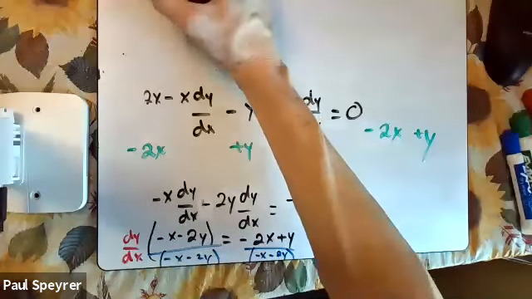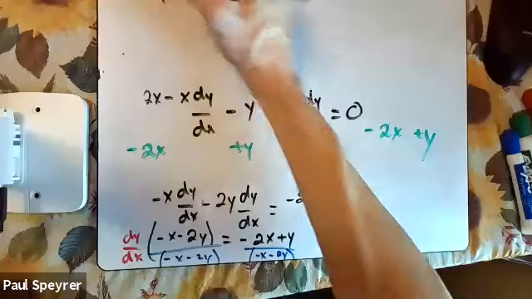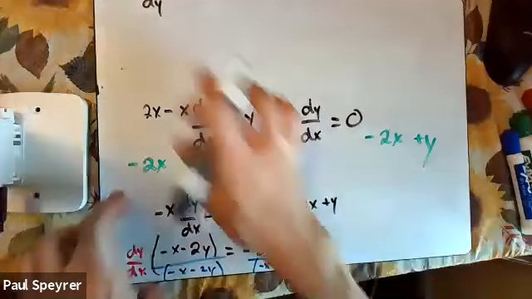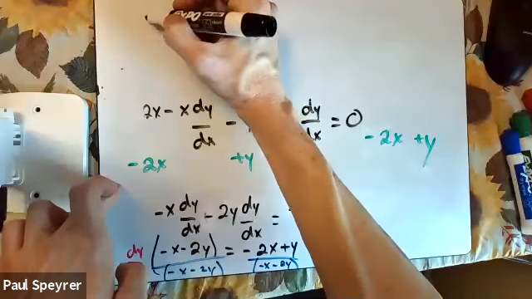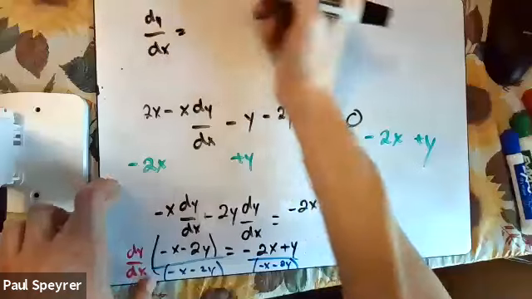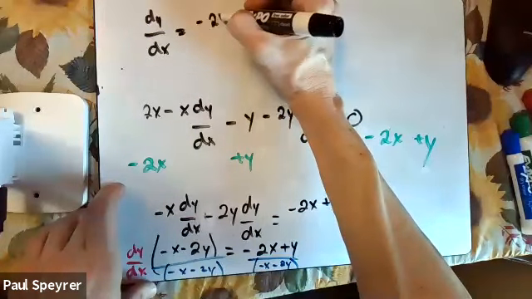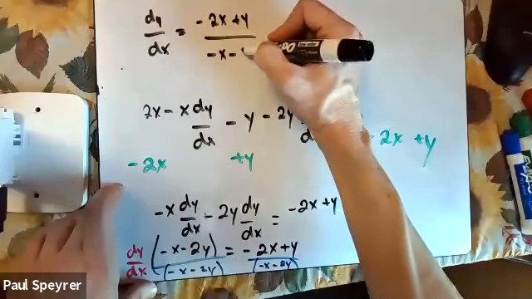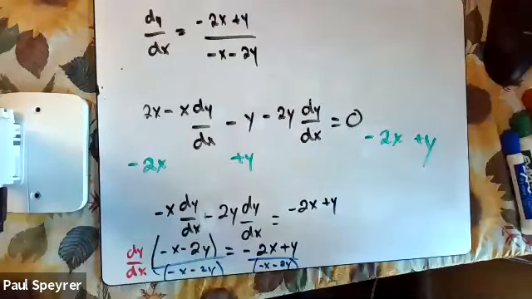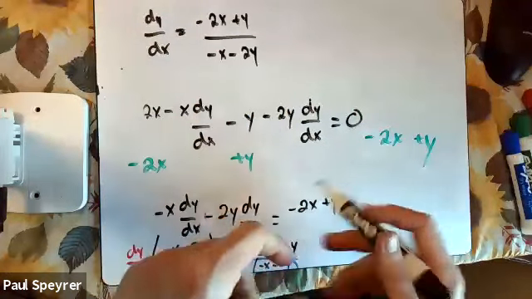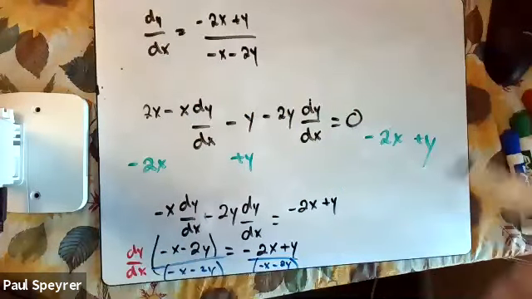So now we can see dy dx is negative 2x plus y over negative x minus 2y. Remember, this is our derivative equation right here to that crazy curve that we were initially given.